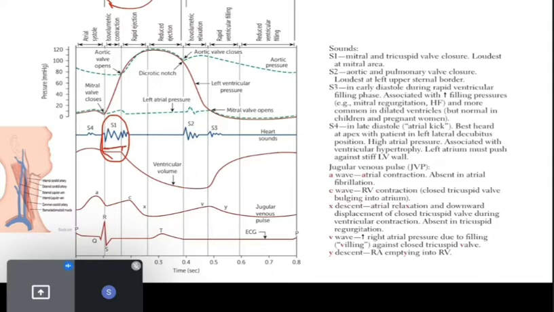And after that comes S2. You know that S2 is the aortic and pulmonary valve closure. When the aortic and the pulmonary valves close, that gives us the S2 sound. S2 occurs after the systole, in the early diastole.